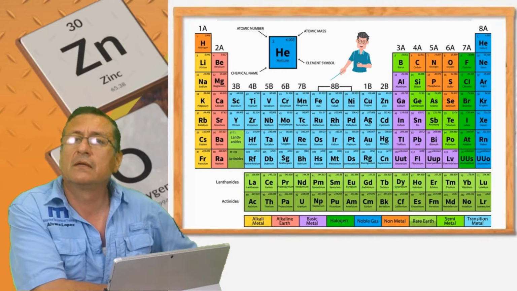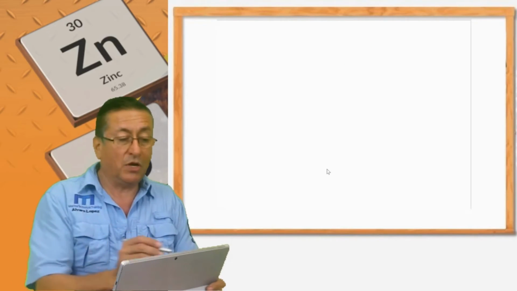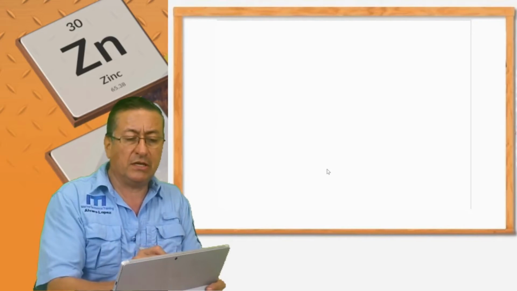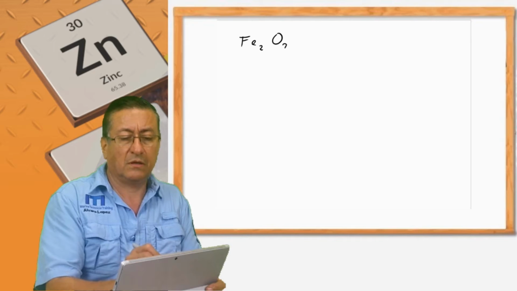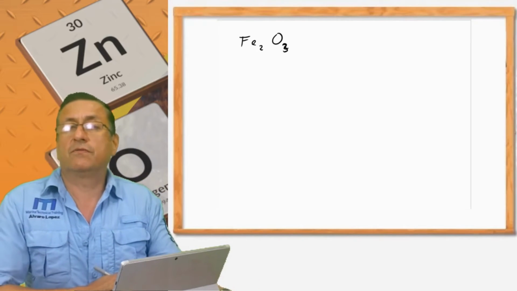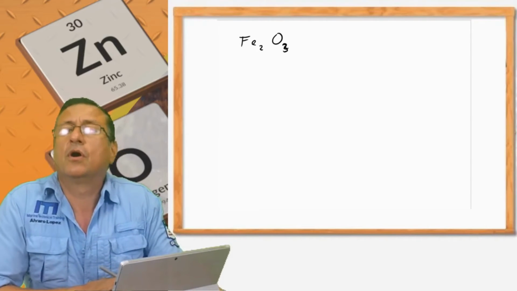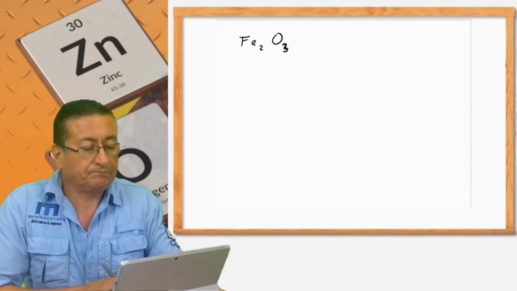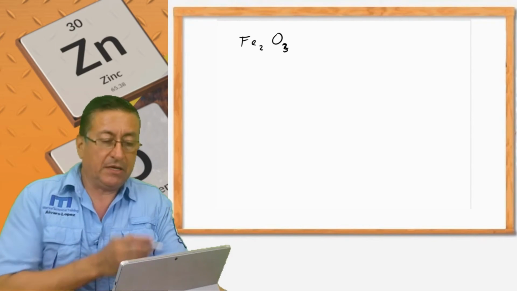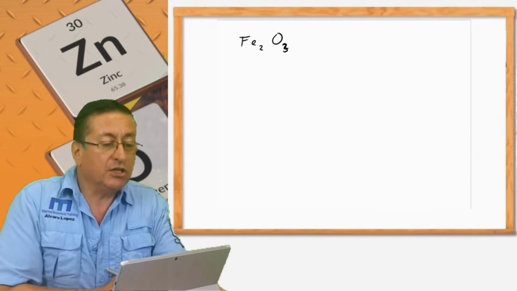For example, when you combine iron with oxygen, what is the molecule for iron and oxygen? It's Fe2O3. It's 3 atoms of oxygen per 2 atoms of iron. This is the molecule of iron oxide. What is the positive ion and the negative ion in this particular case?